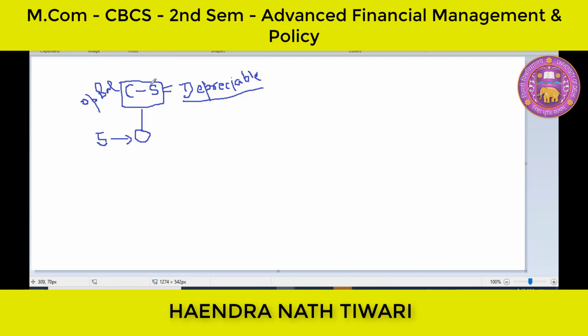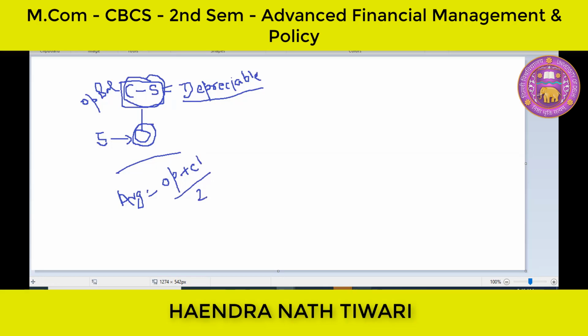So something which has an opening balance of this and a closing balance of 0, how do you get the average? The average is opening plus closing divided by 2.